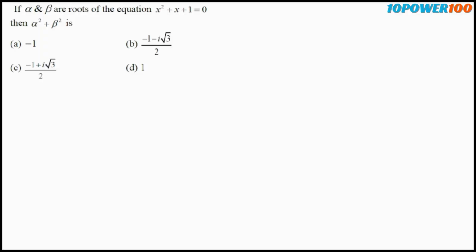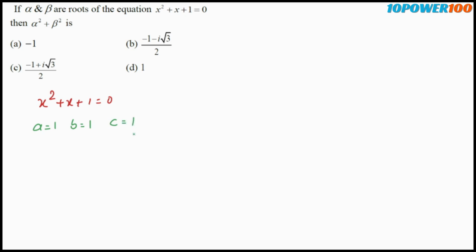Next question, if alpha and beta are roots of the equation x square plus x plus 1 is equal to 0, then alpha square plus beta square. Let's see how to solve this. So here the given equation is x square plus x plus 1 is equal to 0. So this is a quadratic equation. So a is equal to 1, b is equal to 1, and c is equal to 1.